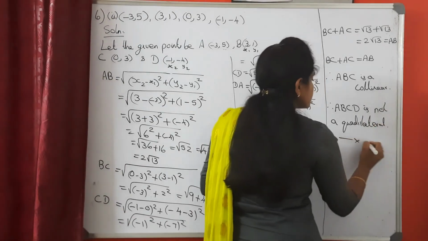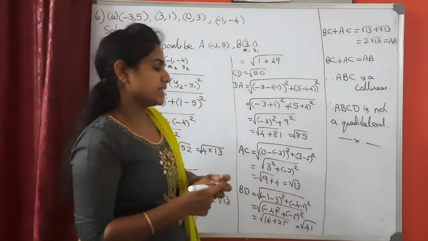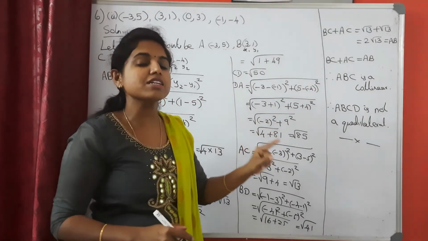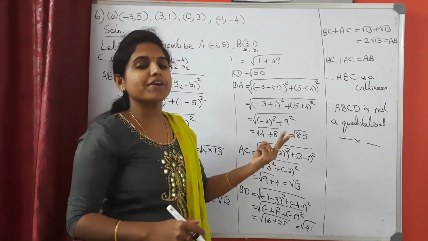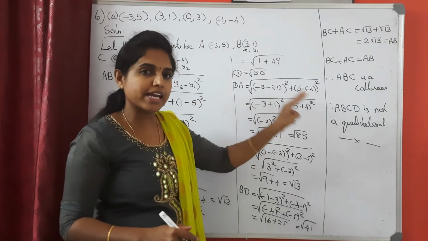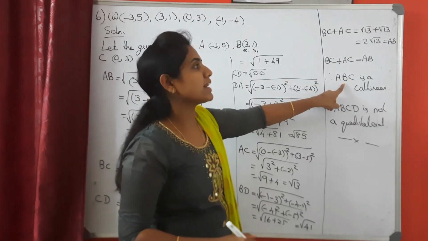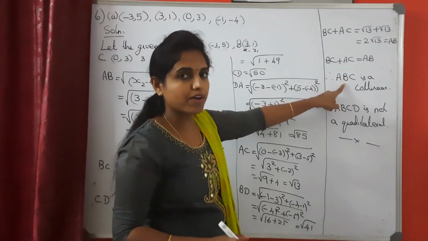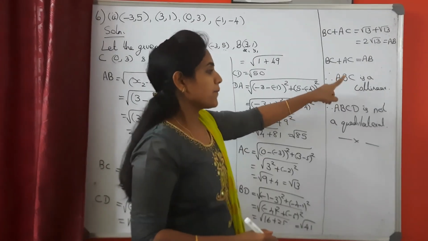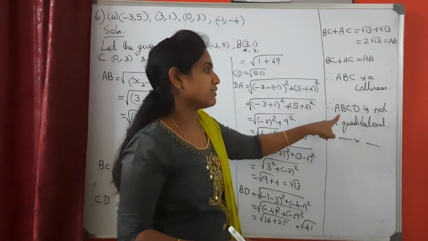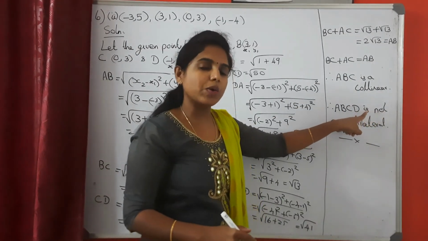So we have to know the definition of a quadrilateral. Quadrilateral means you have 4 vertices, and an important condition: not more than 2 points lie in the same line. But here we got 3 points lying in the same line. Therefore ABCD is not a quadrilateral.